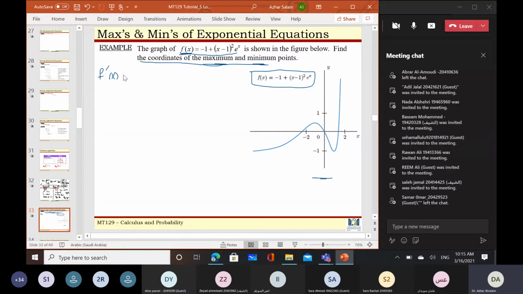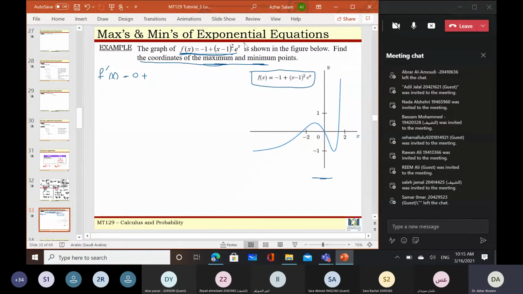To find f dash, I will differentiate this function. I will first differentiate -1, which is 0, then plus. Notice that this part is a product between x minus 1 squared and e to the power x.